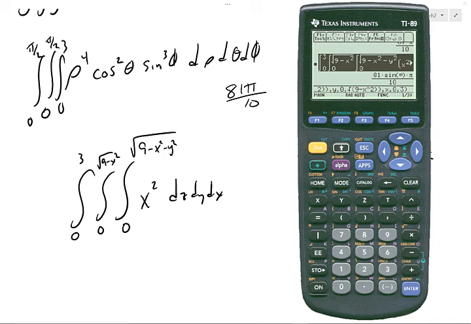I ran into a situation like that today where the computer algebra system gave the goofiest answer I'd ever seen in my life, where if you'd just done it with pencil and paper, you would have gotten a nice, easy, perfect answer, but the computer algebra system biffed it just a skosh. I can't even see where I made a mistake. I didn't make a mistake. You can clearly see it's 81 pi over 10, but this sine of infinity bit is bugging me just a little bit, so I have to think about what that's about.